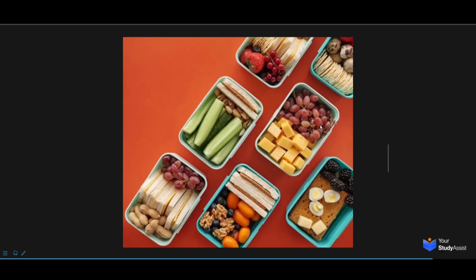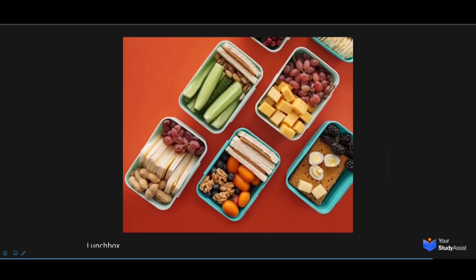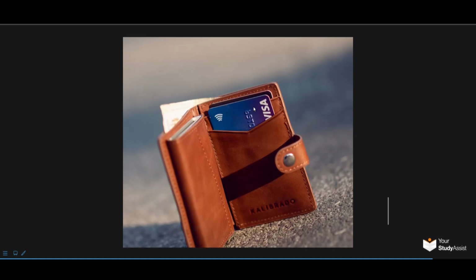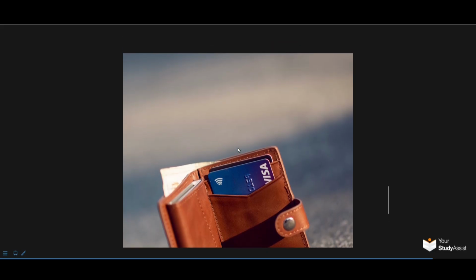This is actually a fancy lunchbox, nuts, but different types. And also our wallet. Our wallet contains identification. Some people add money in there, some put a little pen in there, some actually put their pen drive in there, and some store paper in their wallet. Different things you can store in this small thing.